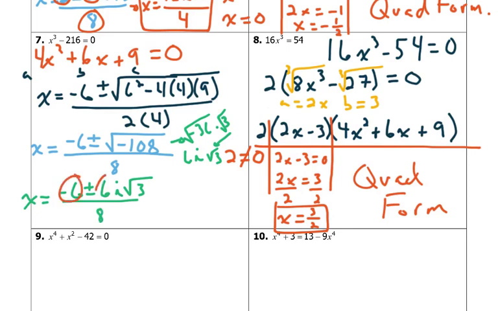We have -6, 6, and 8 all of which have a GCF of 2. So at that point, we just need to simplify it. So we get x equals -3 plus or minus 3i square root of 3, all over 4. We're just dividing by the GCF, which was 2.